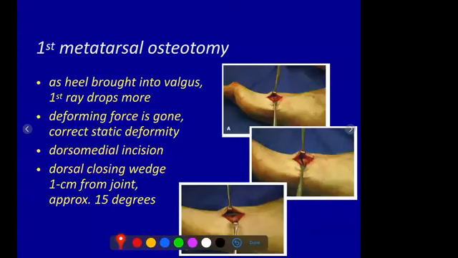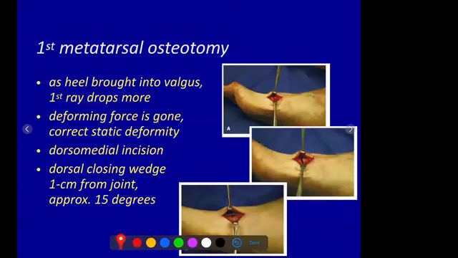After doing all that, you assess how your foot looks and ask, how is my forefoot? You assess whether your first ray is really dropped. I wouldn't say there's so much science here. It's more of an art, more of a feel where you decide, I think my first ray is dropped.